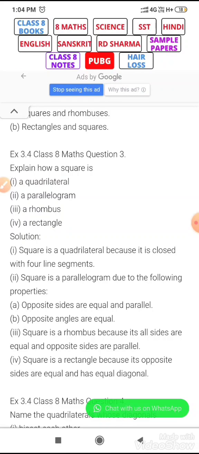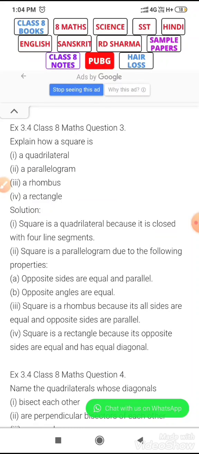Our second part is: explain how a square is a parallelogram. As I mentioned earlier, in a parallelogram, opposite sides are equal and parallel, and also in a square, opposite sides are equal and parallel, and opposite angles are equal.